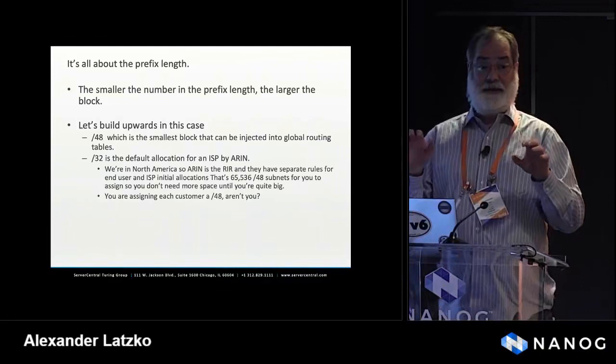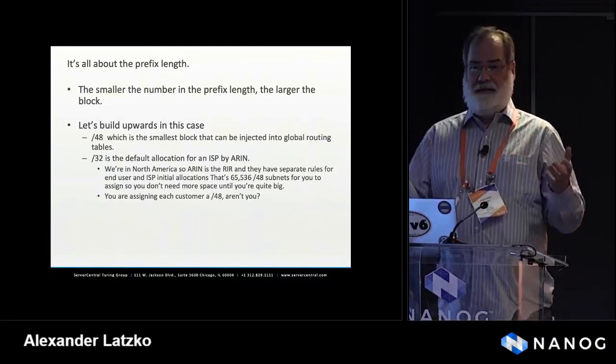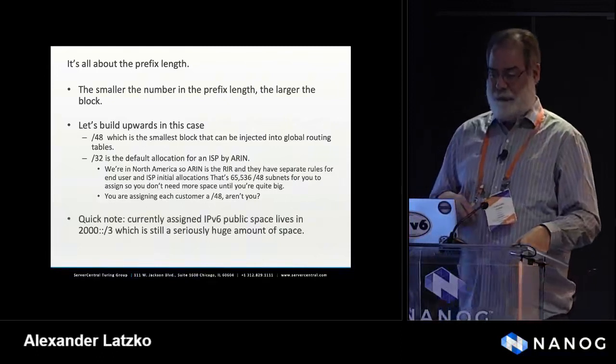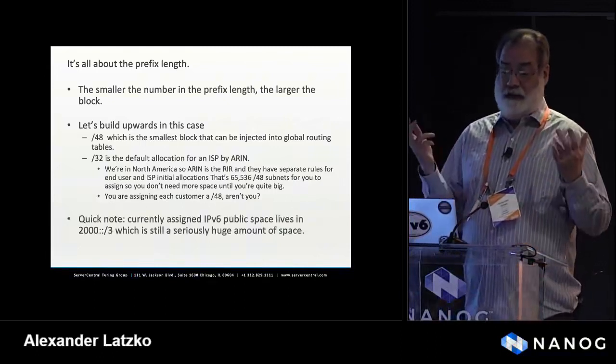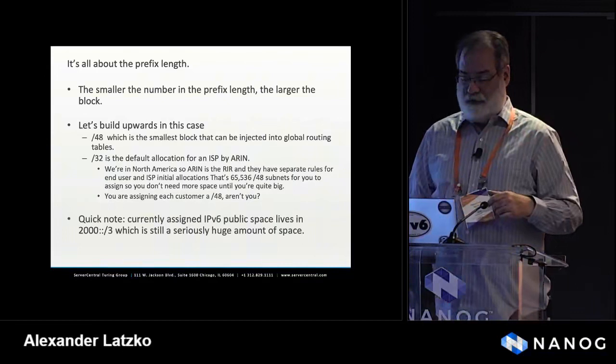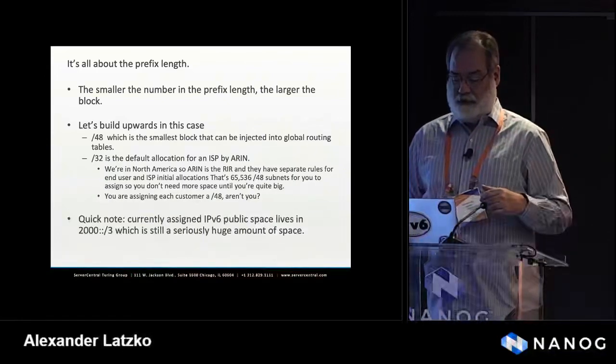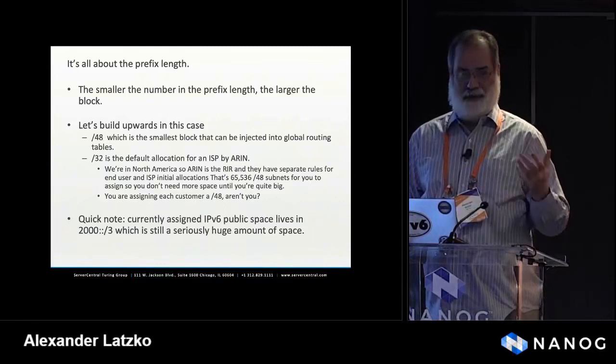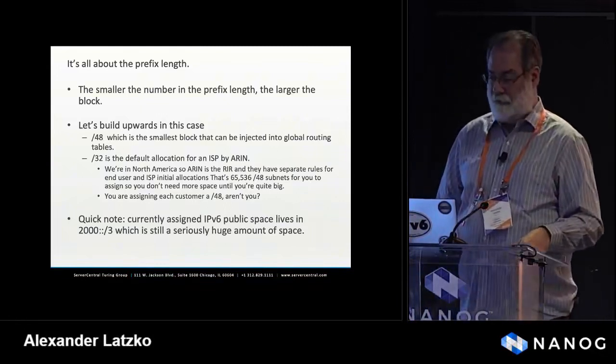Starting to get a feel for the size of this? So why cheap out later? And all the public addresses assigned so far in 2000::/3 is something like 2 to the 125th addresses.